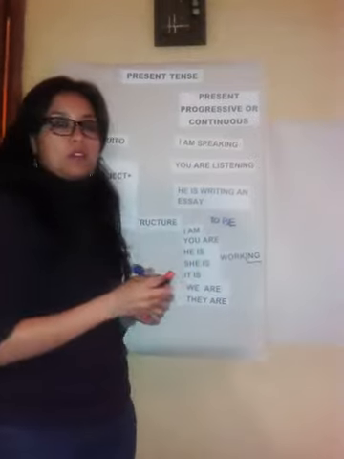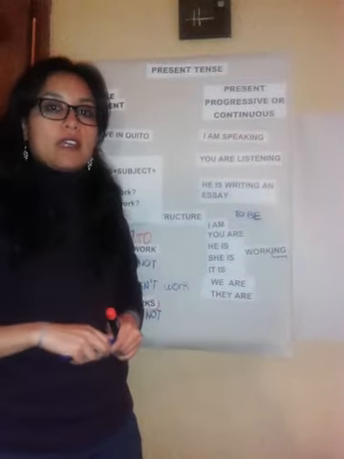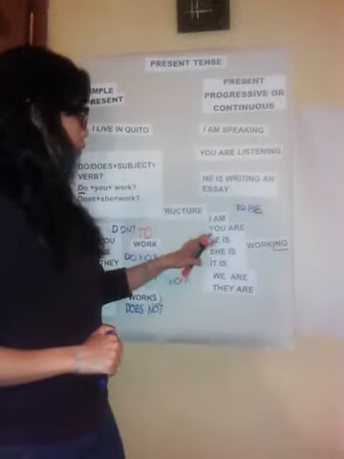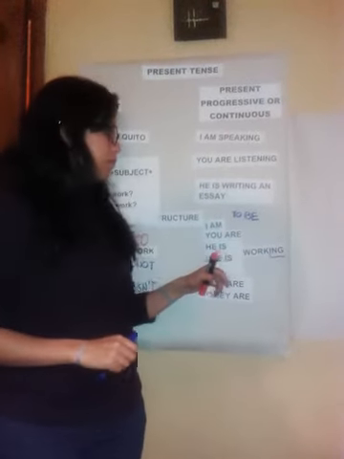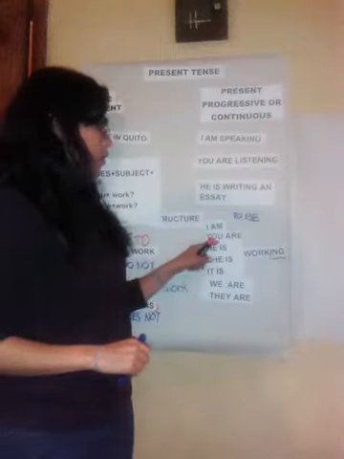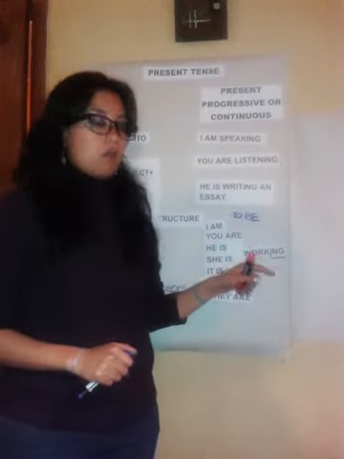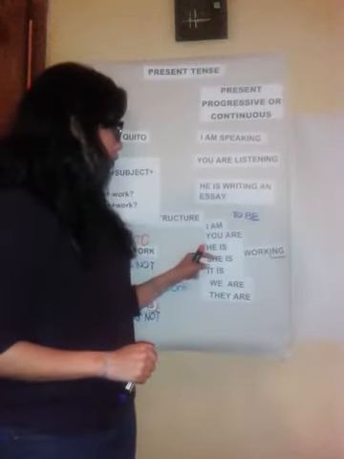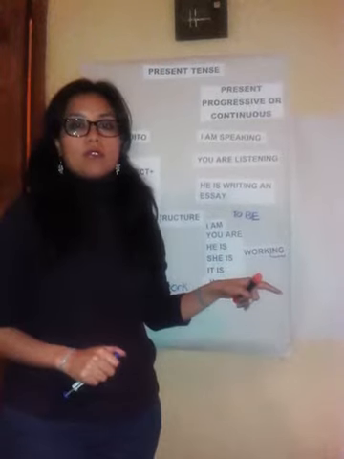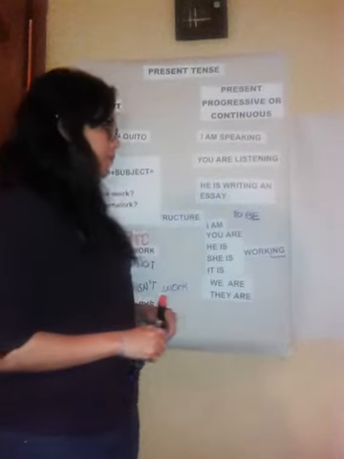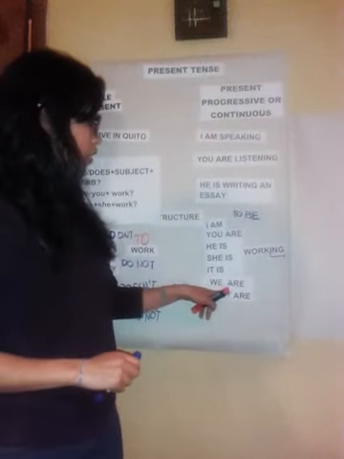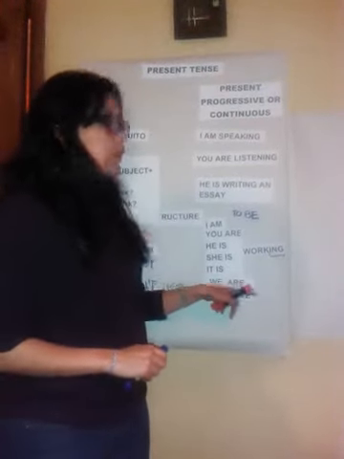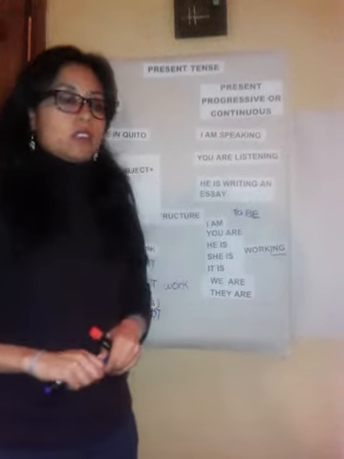This is very important to remember, that we have to add ing. So, for example, I am speaking right now. You are listening right now. He is studying for his exam. We are planning our vacations, for example.